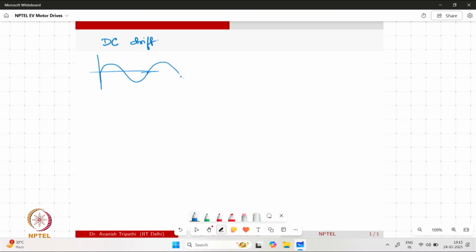For example, for the running waveform which is providing us the information about ES alpha or ES beta, we may end up getting the rotor flux which is drifting slowly on one side. It could be positive drift or negative drift. This is on account of the numerical issue which is associated with the pure integrator.